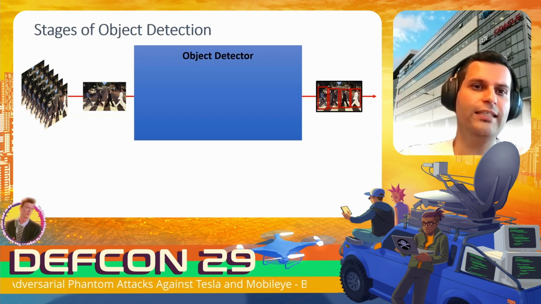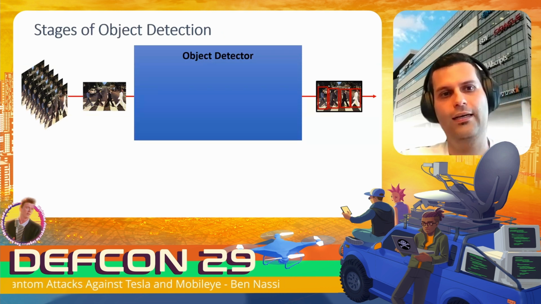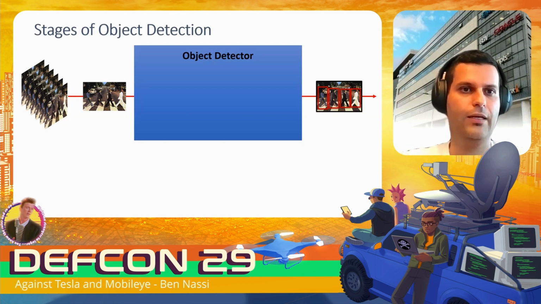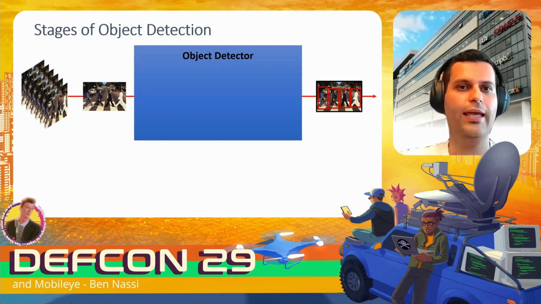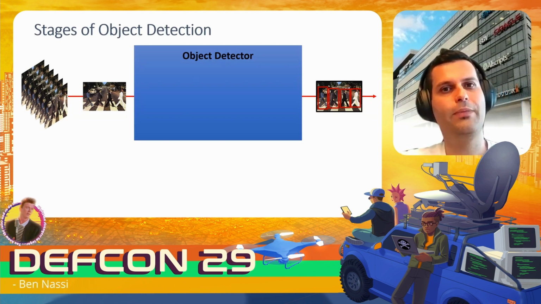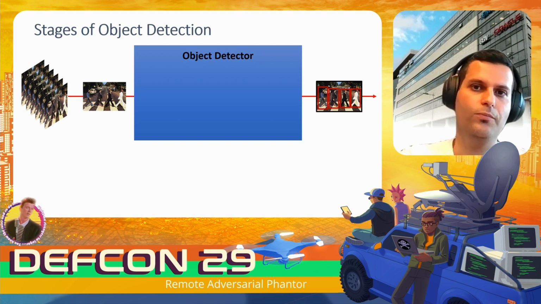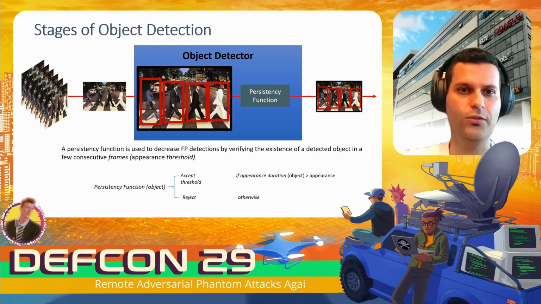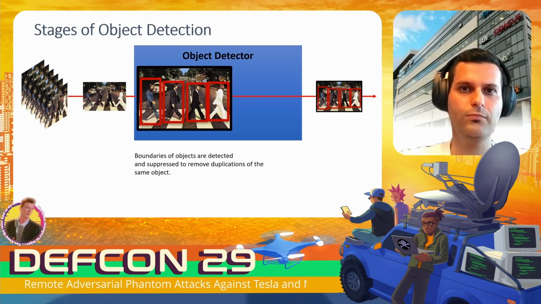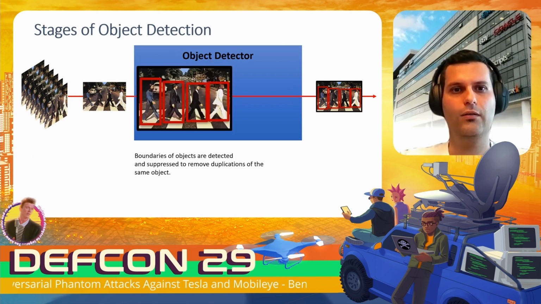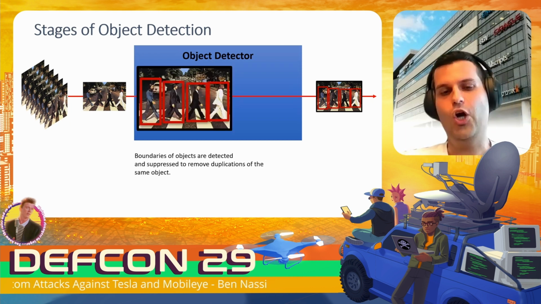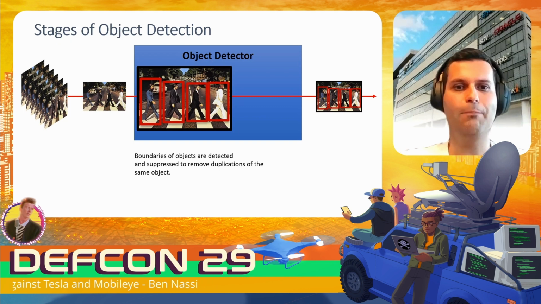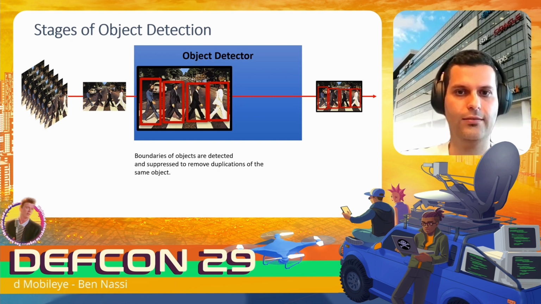Now, object detection starts with a video stream, basically frames, and each and every frame is received as an input to the object detector. Now, the object detector finds the boundaries of objects.